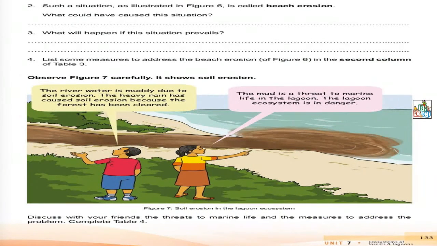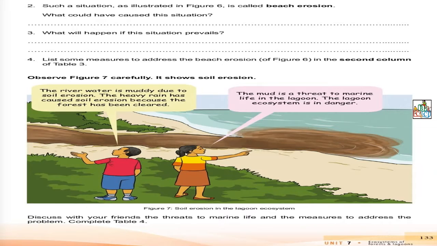Page 133. Such a situation as illustrated in figure 6 is called beach erosion. What could have caused this situation? According to you, what could have caused beach erosion?